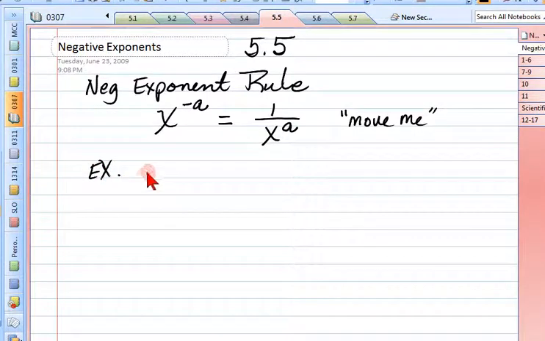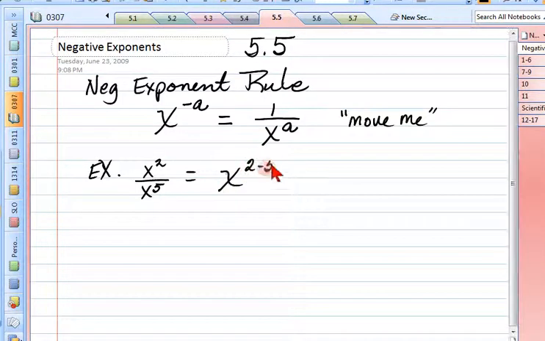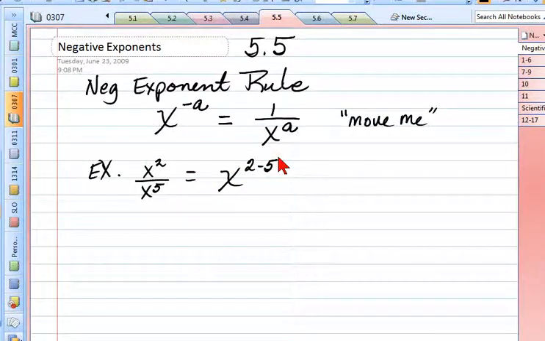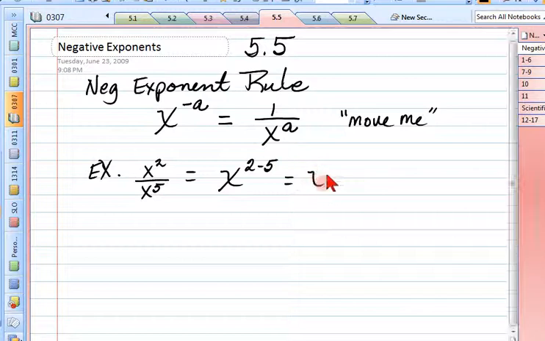What if I had x to the second over x to the fifth? What does the quotient rule say to do with those exponents? Subtract, doesn't it? Doesn't it say that that will be x to the 2 minus 5? And what's 2 minus 5? Negative 3?